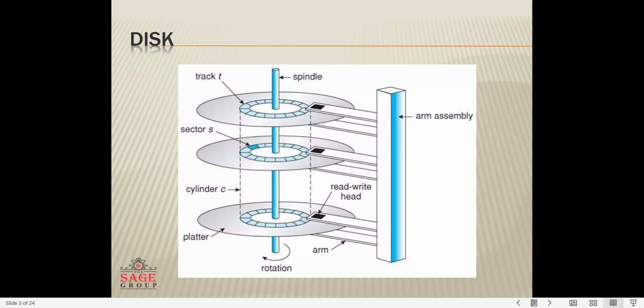These circular platters are connected as a cylinder with a spindle, which causes the rotation of these platters. We have an arm assembly in which we have different arms. Each arm is connected to each platter, and at the end of that arm we have the read-write head.